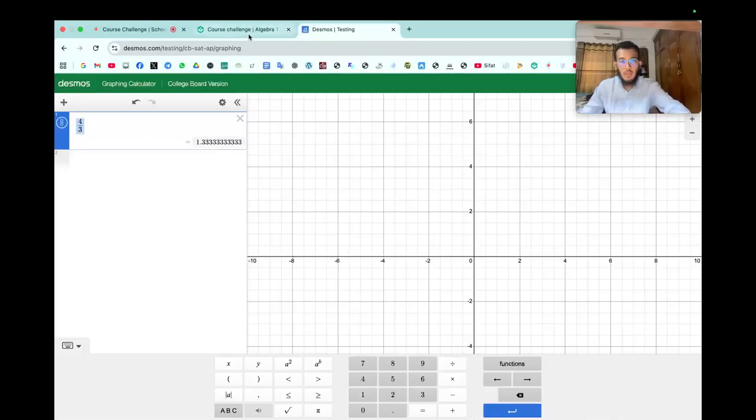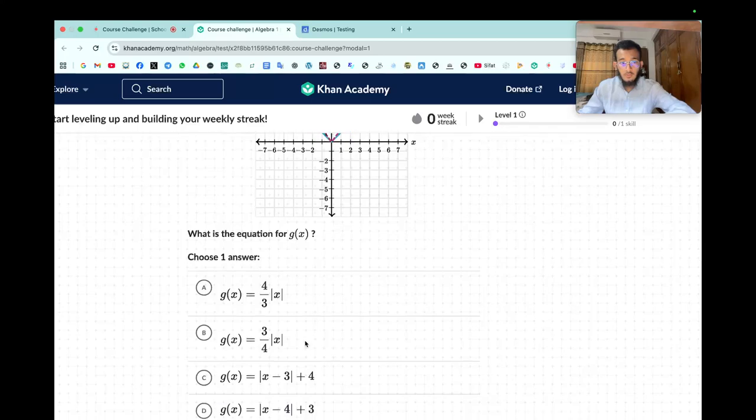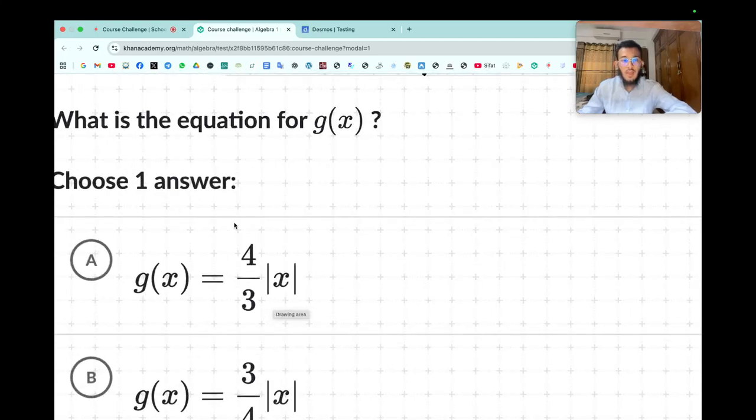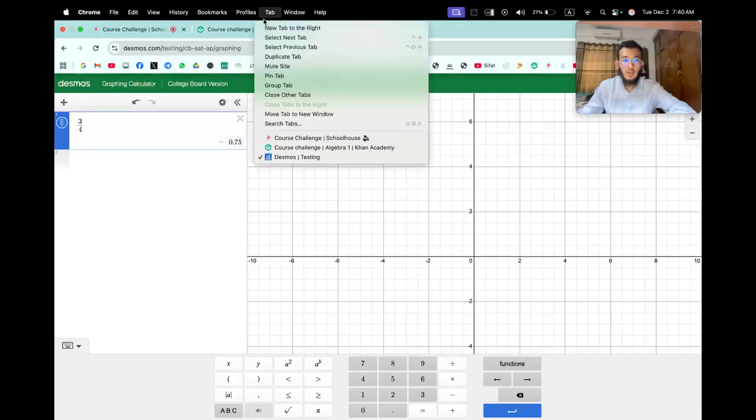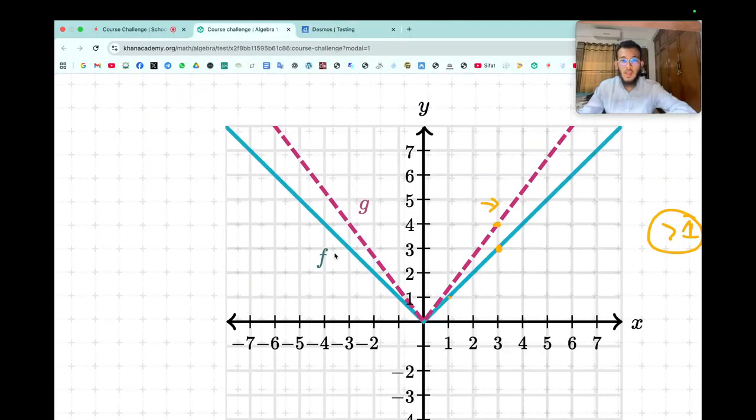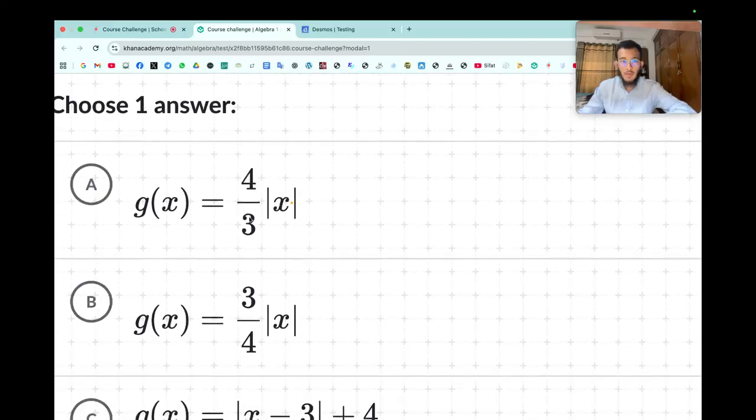So the answer would be 4/3, not 3/4, because 3/4 is less than 1, and that is not the case because g is above f, so it must be greater.